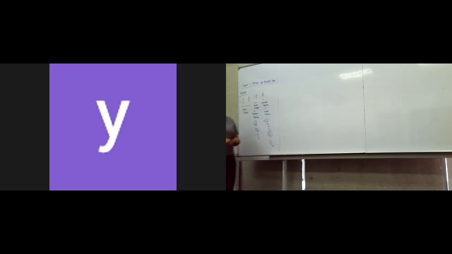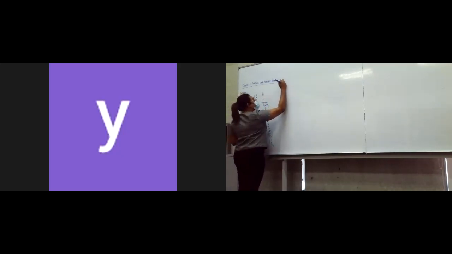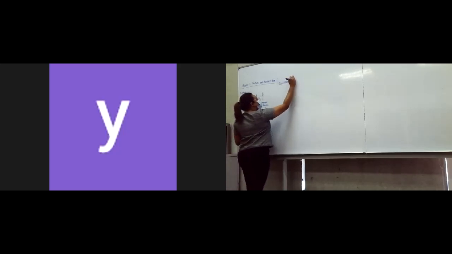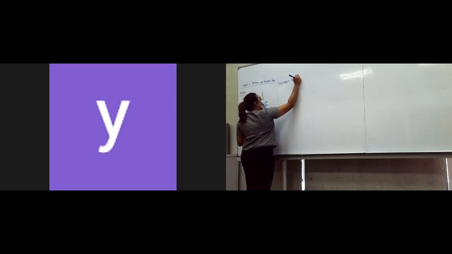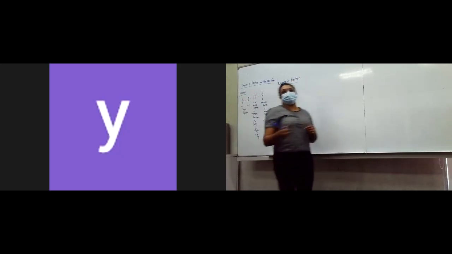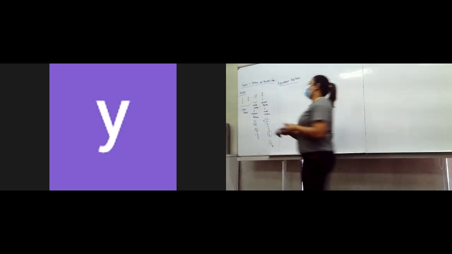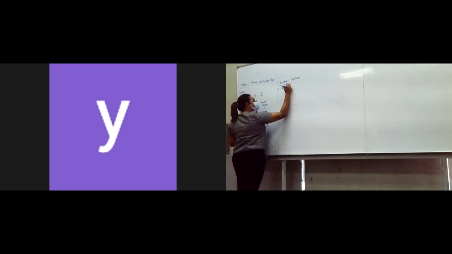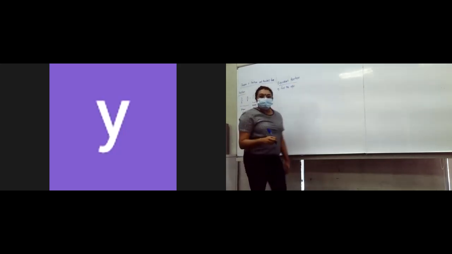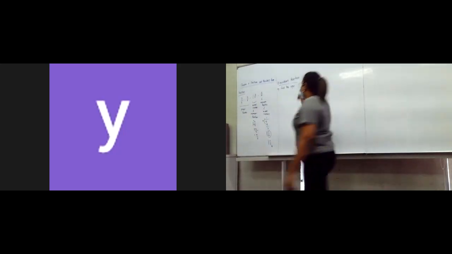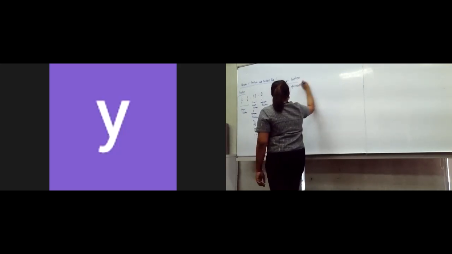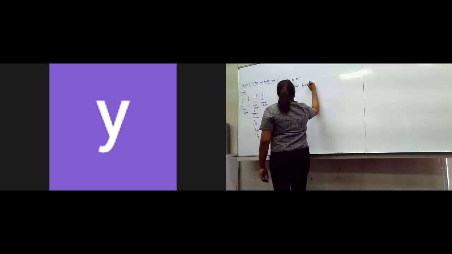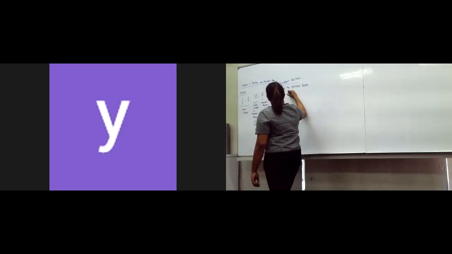We have been learning all this. Now we are going to go into equivalent fraction. Equivalent fraction means you will be given a fraction, and you have to find the equivalent fraction to this. Either you multiply the numerator and denominator, or you divide the numerator and denominator. Example. Find the equivalent fraction of 2 over 5.